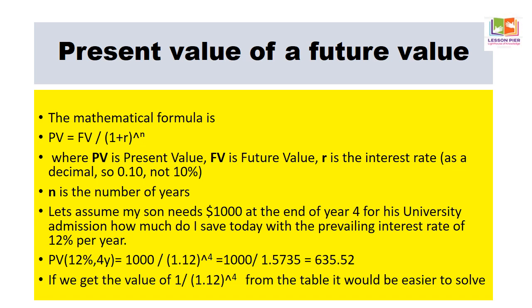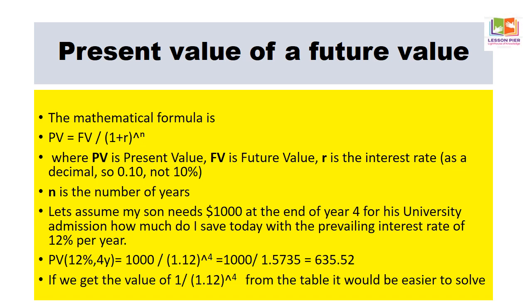Let's solve this present value of a future value question. Now, the mathematical formula is given here as previously explained. Let's assume my son needs $1,000 at the end of year 4 for his university education admissions, and so I save today.